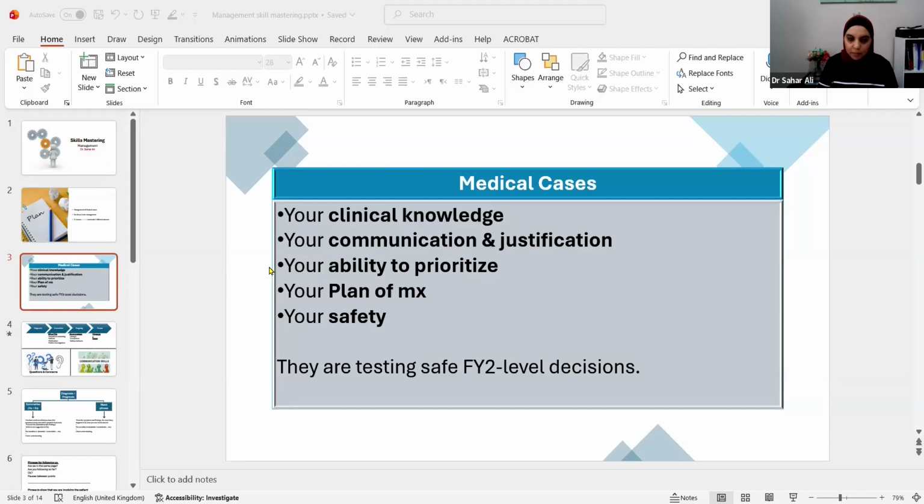How to know that? By knowing the findings. If you pick up the correct findings, you will be able to prioritize things. Should I send this patient to the hospital now, or can he be managed at home?